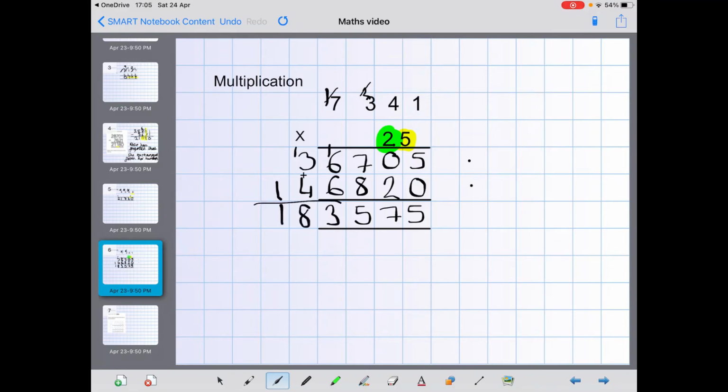And 1 add nothing is 1. So that is the final answer. So we did our number multiplied by 5 in our first instance, and then we multiplied by 20 in our second instance. By adding those together, we have now multiplied by 25.